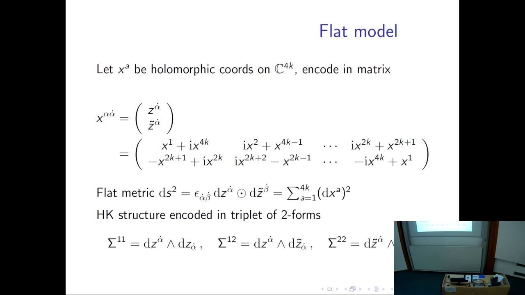So this constraint on the holonomy, which is the definition I gave you of a hyperkähler manifold, is actually equivalent to the existence of 3 integrable complex structures on the manifold, which satisfy the quaternionic algebra. And that in turn is equivalent to the existence of 3 closed 2-forms. So that's, again, some sort of standard result in hyperkähler geometry.